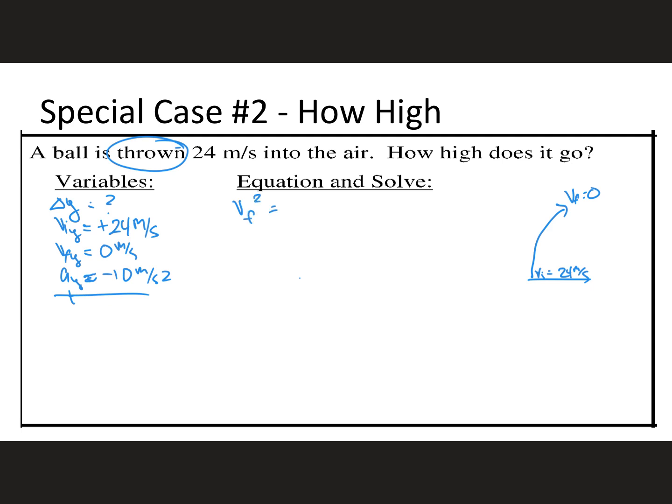Final velocity squared is equal to the initial velocity in the y direction squared plus 2a in the y direction times delta y. Now when this happens, this one goes to 0 because that final velocity is 0. So we're just going to move this over. Okay, we're subtracting it, not turning it negative.